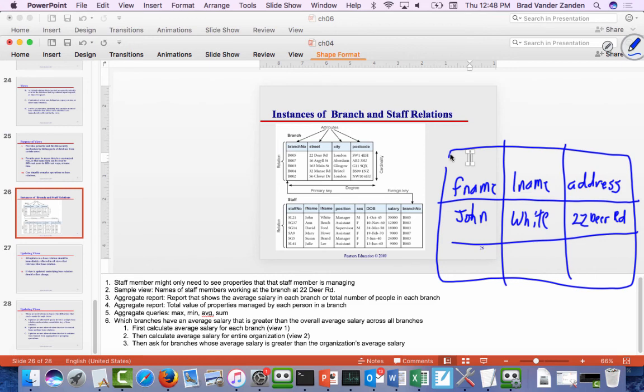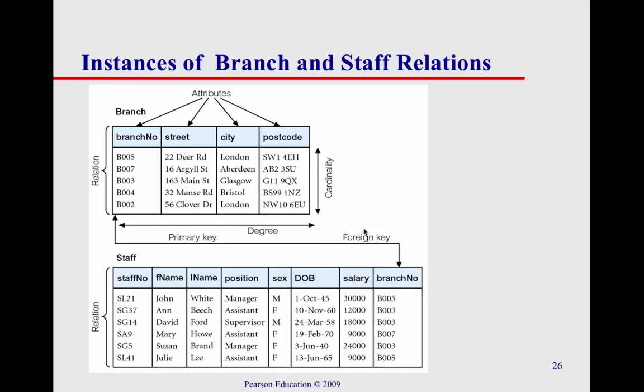Or I have some other examples down here. Let's say that I wanted a report that shows the average salary in each branch. Okay, well again, I can't even easily get that here, but I could create a view that simply shows the average salary for each branch.